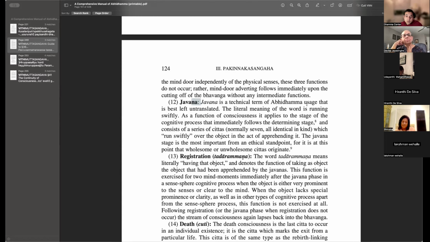Then the javana goes over the object, moment to moment, the object has to change, isn't it, everyone? Because it is not one specific thing. It is many, many different data that are being processed at this moment.